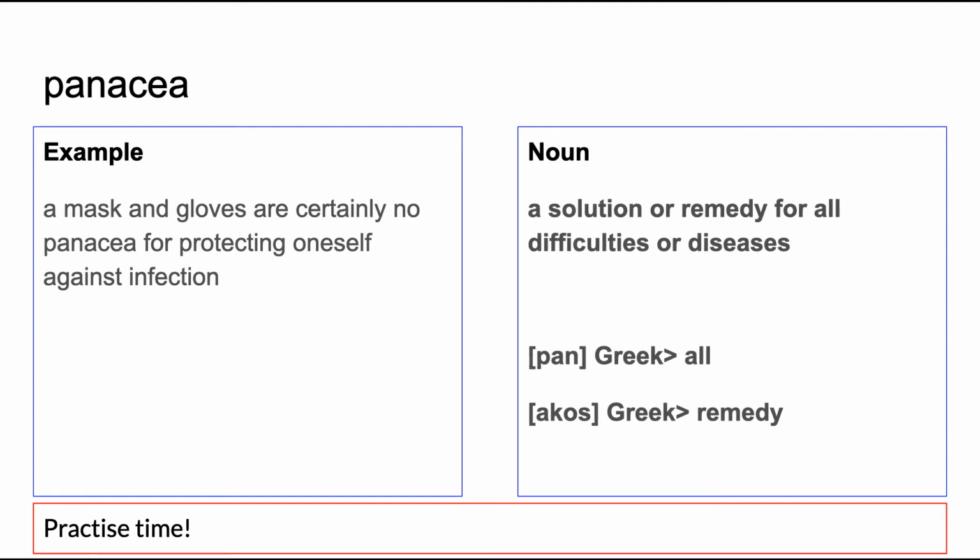So here you can see this example, panacea, is in the context of the pandemic. So students immediately get that. A mask and gloves are certainly no panacea for protecting oneself against infection. They get that, it's in context. Then I get them to practice it. So you can see modeling going on here, detailed explanations, and then deliberate practice.